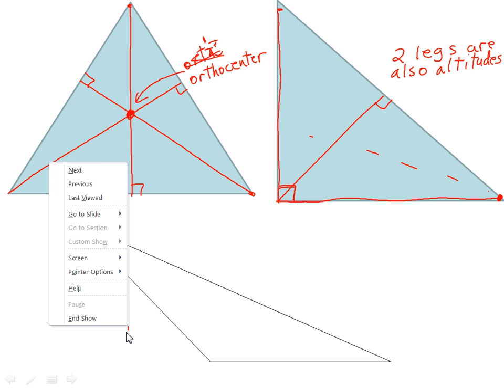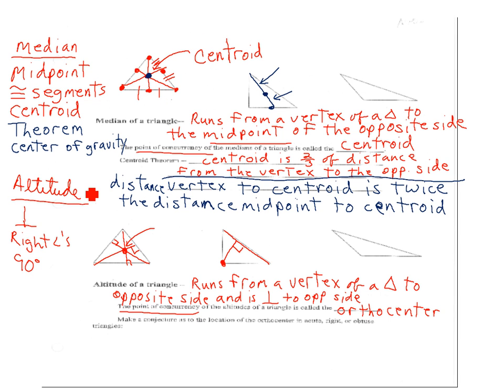Now, if we go back to this previous one, the medians, if we draw in all the medians for each of these triangles, like you should have done on your paper there, we notice that they all fall inside the triangle.